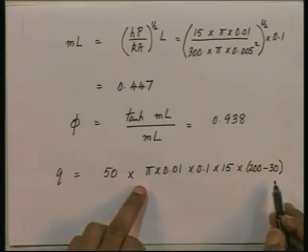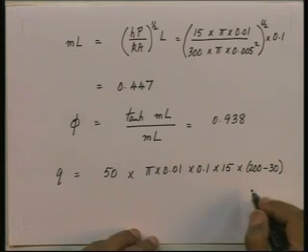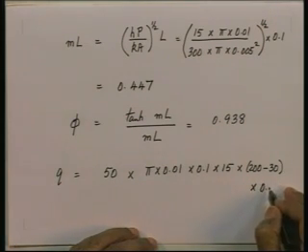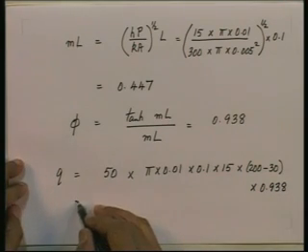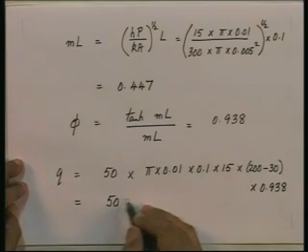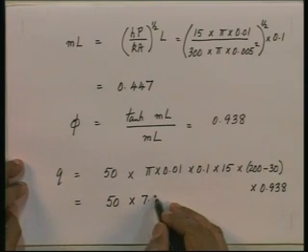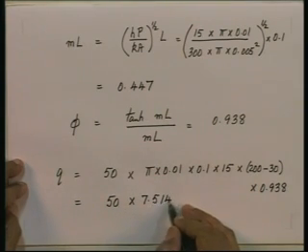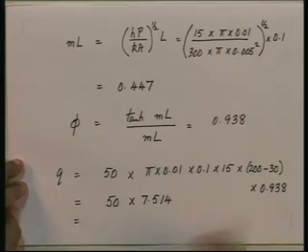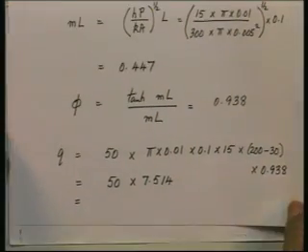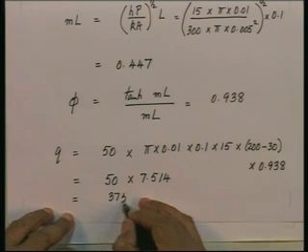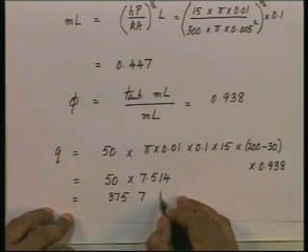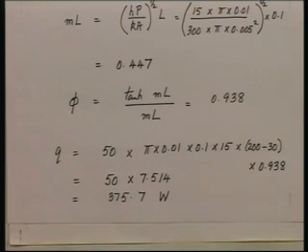This would be the heat transfer rate if K is equal to infinity. If I multiply this by the fin effectiveness, I get the actual heat transfer rate. So, this comes out to be 50 into 7.514, which is equal to 375.7 watts. So, that is the answer.